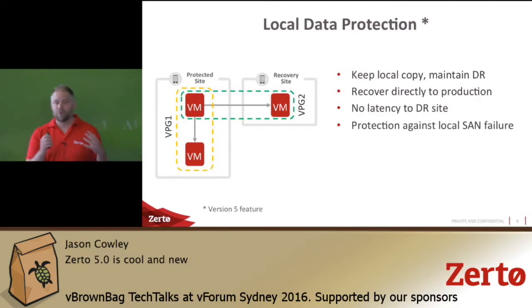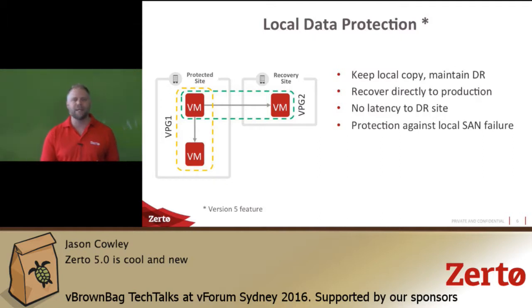So we can recover directly to production. So basically what this does is it helps protect against things like logical failures or hardware-based failures or individual VMs that might go down. So instead of having to protect an entire application and fail it over to a target site, we can do it locally, which means we don't have to initiate things like BCP processes and contacting networking ISPs to have configurations changed.